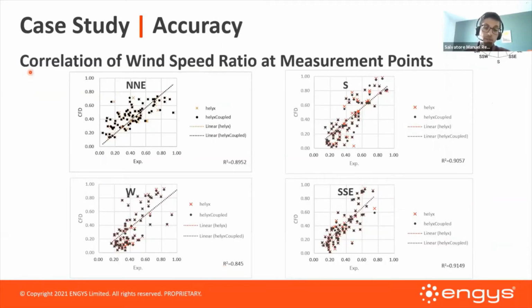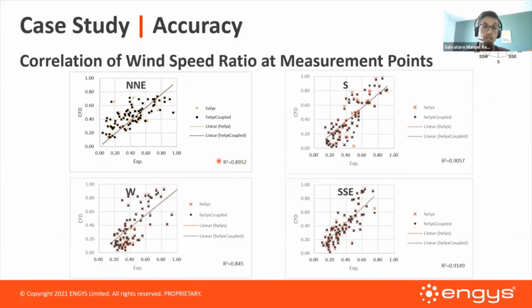And now let's have a look at the results. This slide presents the accuracy. CFD versus experiments correlation plots of the wind speed ratios, given by local velocity divided by reference velocity, at the 80 measurement points are presented for 4 wind directions.